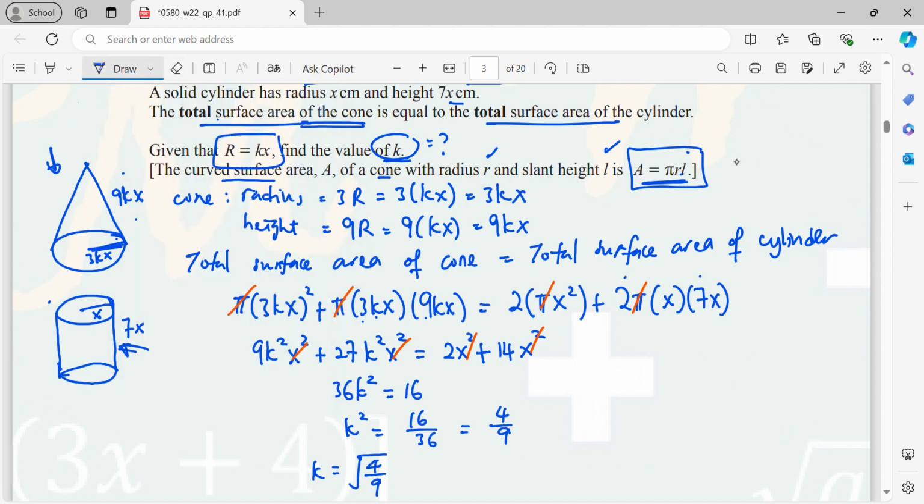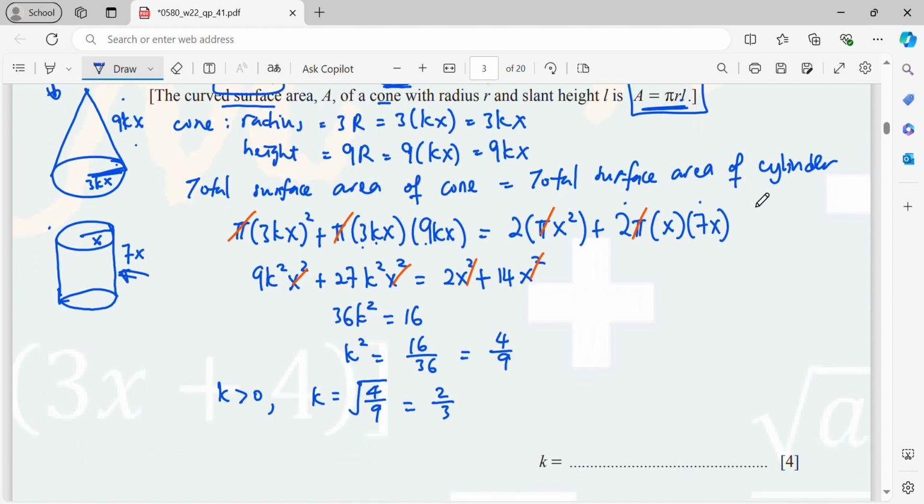It must be positive. So that means here I will be getting 2 over 3. So probably you can just write k equals positive value. Otherwise, you have to consider plus minus square root when you eliminate the square. So that's the solution of this question. So your k is 2 over 3.